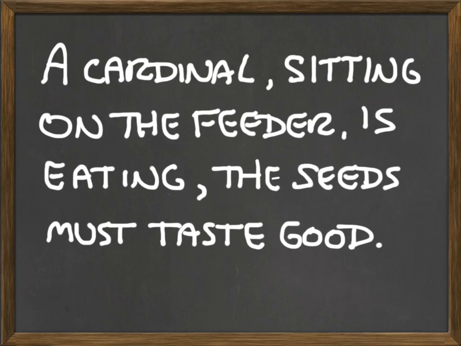So to correct this run-on sentence, you want to look at each of your commas. The first comma, look at the phrase that comes before it, a cardinal. That's not even a clause. It's just a phrase. It's two words, a cardinal. That can't stand alone. Okay. Let's look at the second comma. A cardinal sitting on the feeder.